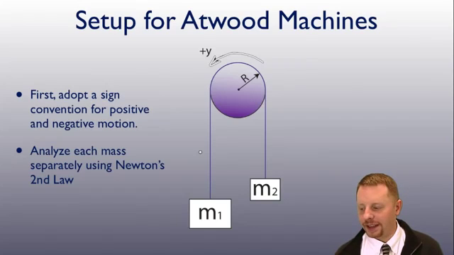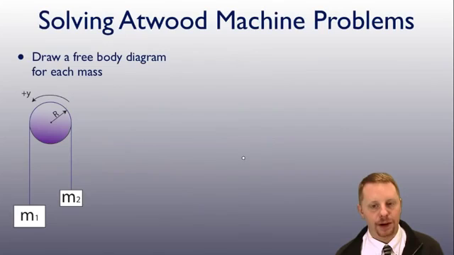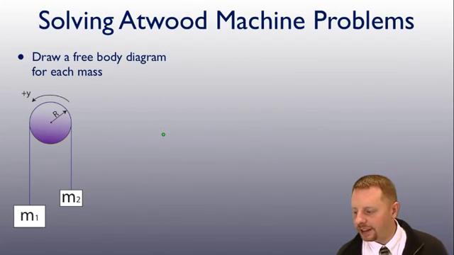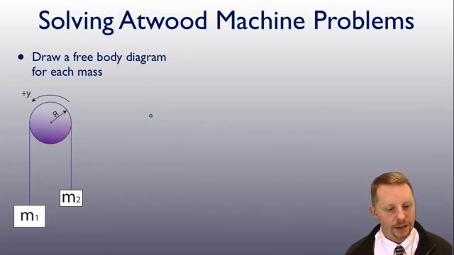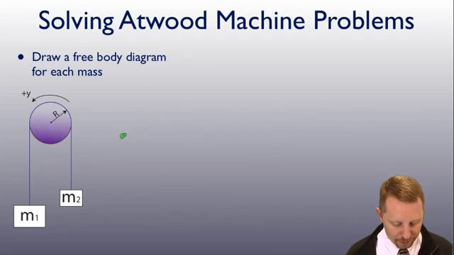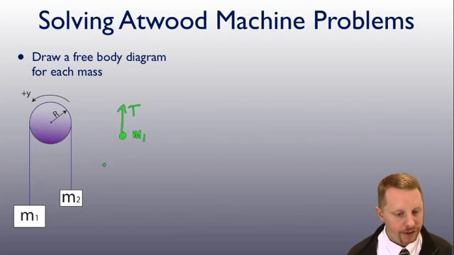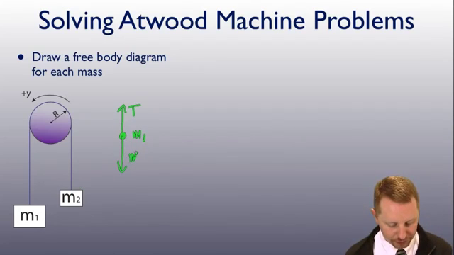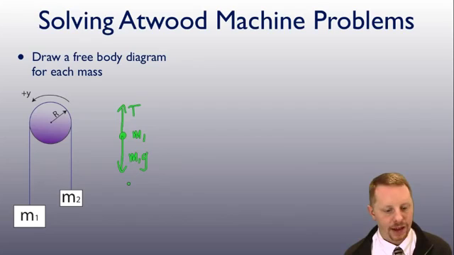Now we can analyze each mass separately using Newton's second law and free body diagrams. As we start this, let's do a free body diagram for mass 1. I do m1, there it is. I have some tension in the string, T, upward, and I have the weight of mass 1, m1g, downward.